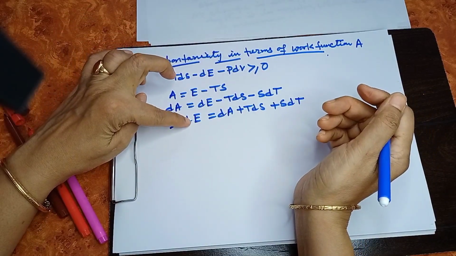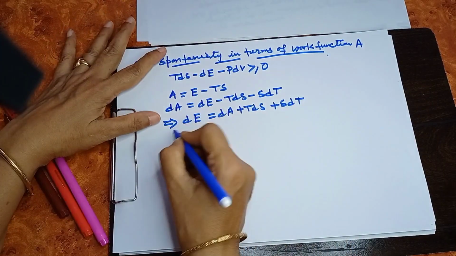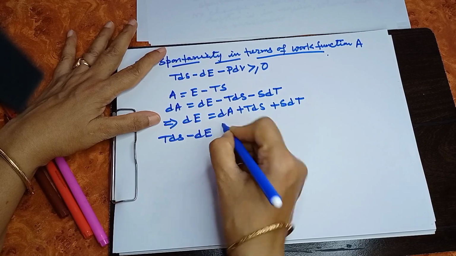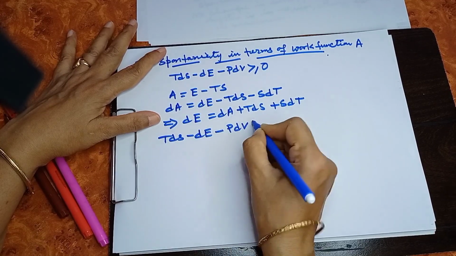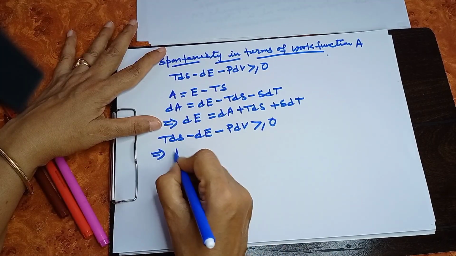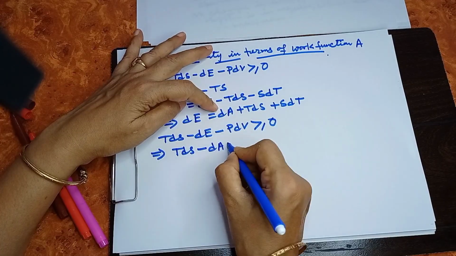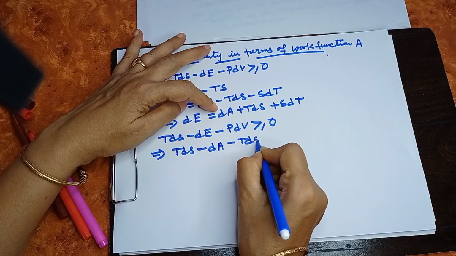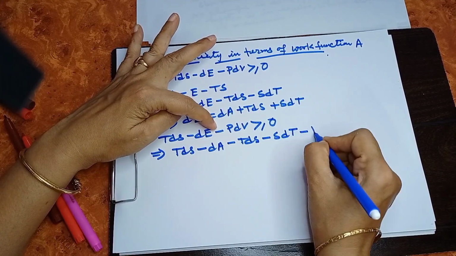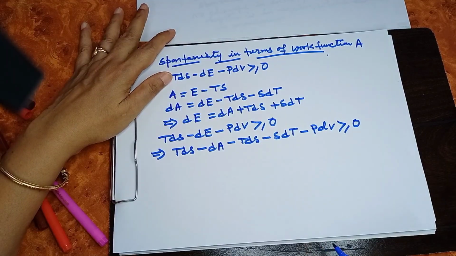Now, putting this expression of dE in this equation. We know TdS minus dE minus PdV greater than or equal to 0. Now I put the expression of dE. So TdS minus dE, that means minus dA minus TdS minus SdT and minus PdV greater than or equal to 0.